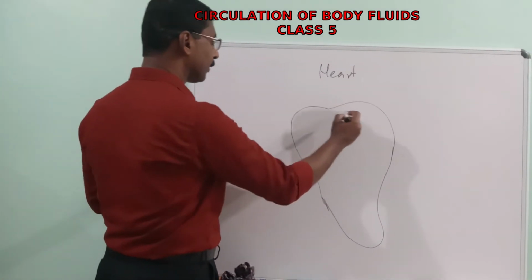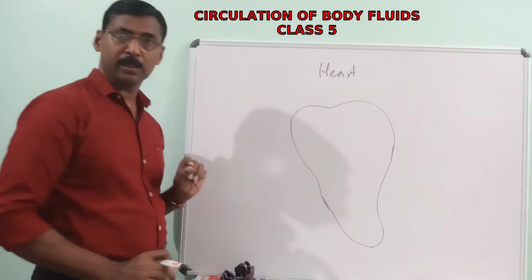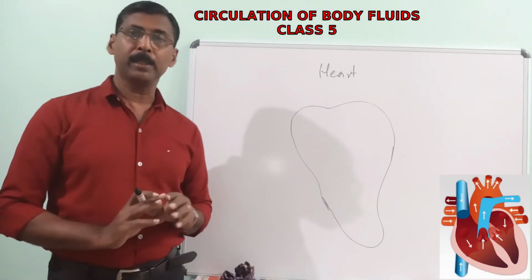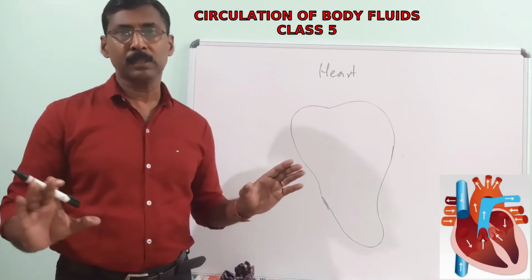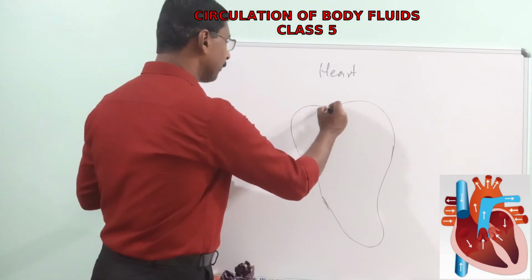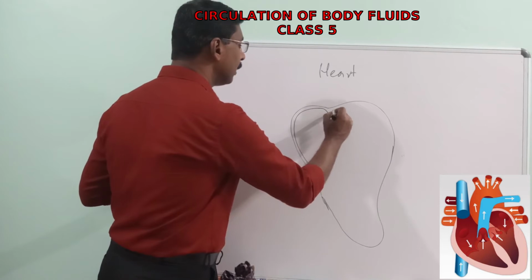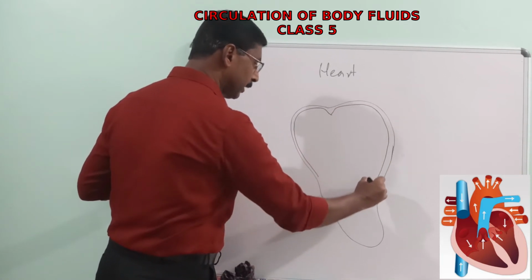The heart. So these are the atria and these are the ventricles. There are four chambers, almost completely sealed, because mixing of blood is not allowed. So this is the wall of the heart, or the cardiac muscle. This is made up of cardiac muscle.